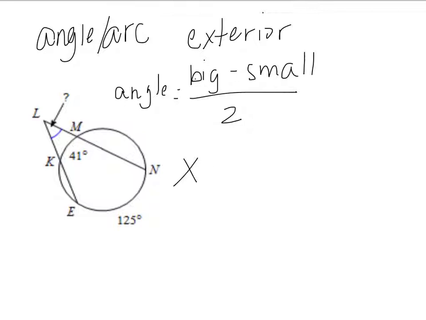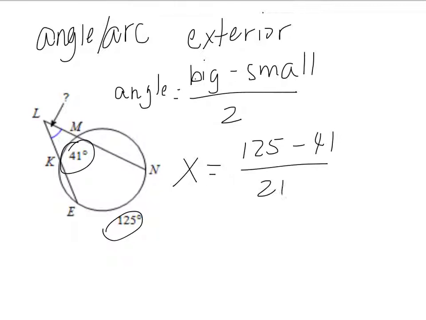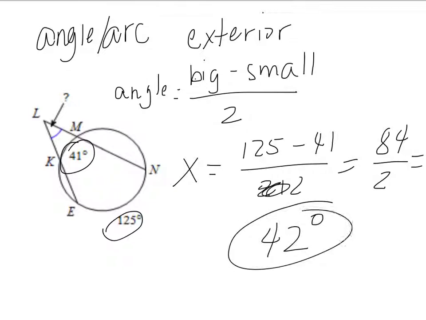So the angle is equal to the big arc, 125, minus the small arc, 41, divided by 2. So 125 minus 41 is equal to 84. And 84 divided by 2 is equal to 42 degrees. So my angle is equal to 42 degrees.